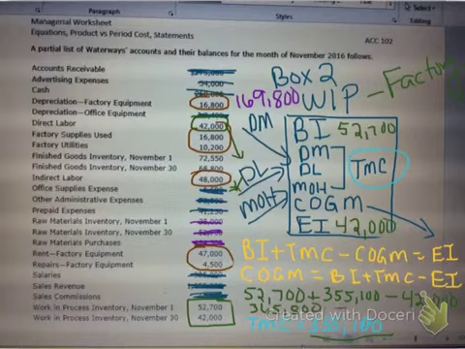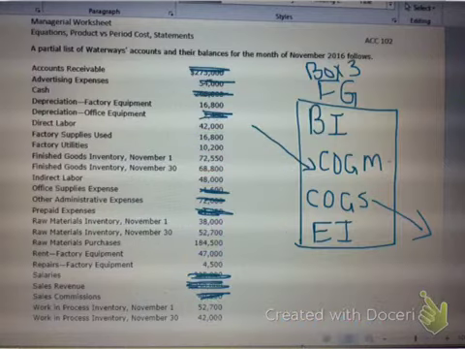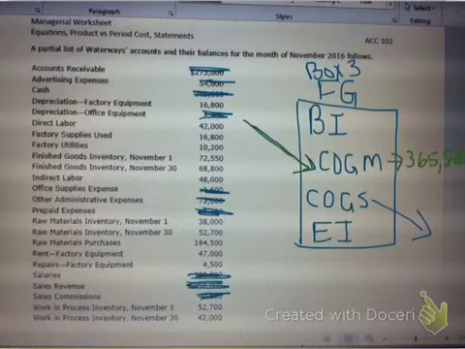And this figure right here is actually going to move forward in here. And so it will be right here at this $365,800 is what we would be looking at for that cost of goods manufactured, because it's coming out of box 2 and it's going to be coming into box 3.